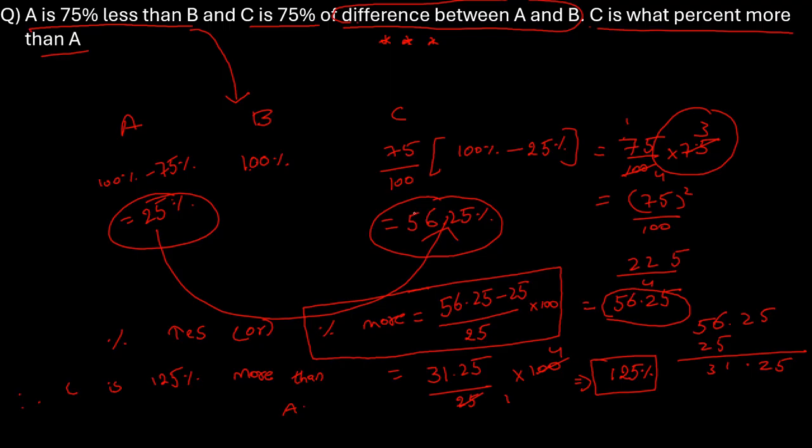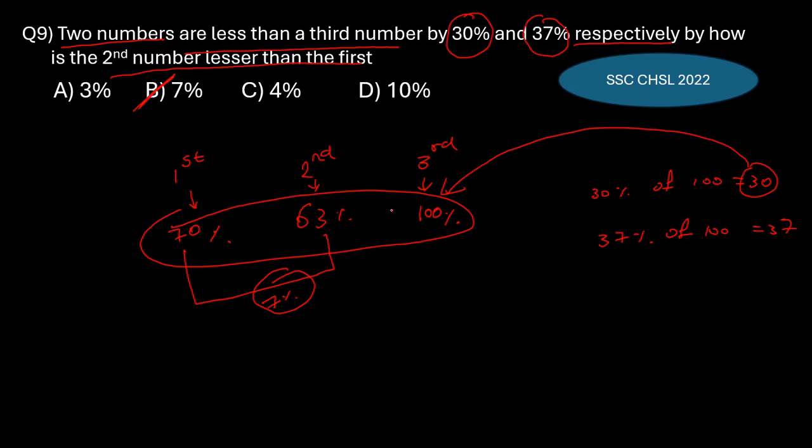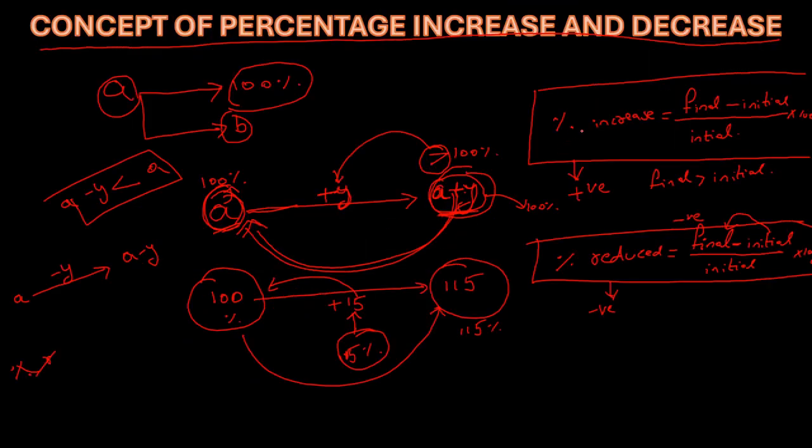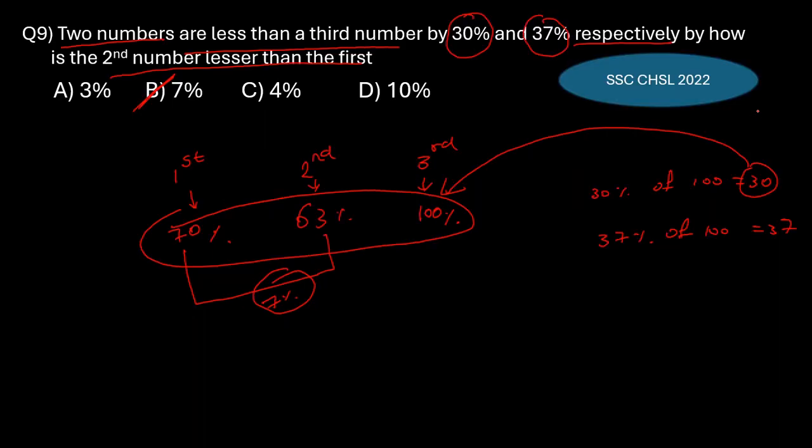So, in the previous concept, here, the percentage increase: what we have done is, we have subtracted the initial value from the final value, and we are comparing the difference with the initial value, and we are multiplying with 100. We are going to follow the same here.